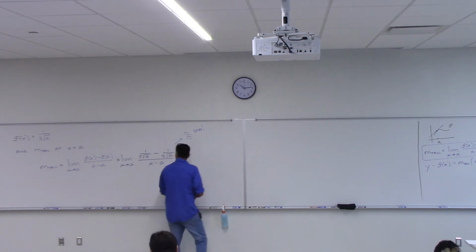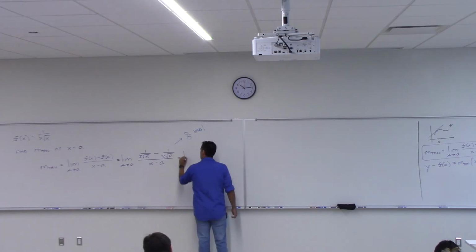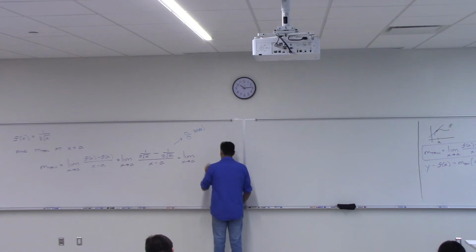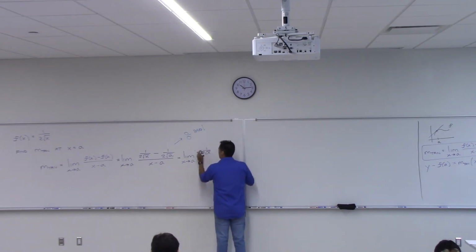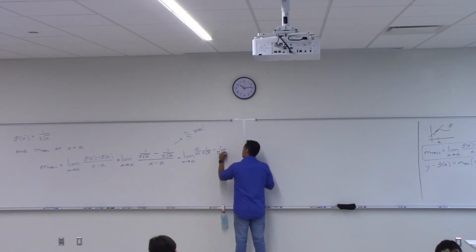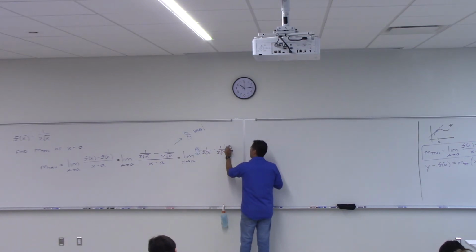Let's do that. So limit x approaches a. 1 over, I'll use colors, that'll be cute. I'm going to multiply this by root a, and then I'll do minus 1 over 2 root a, and this one's going to get the root x, root x over root x.